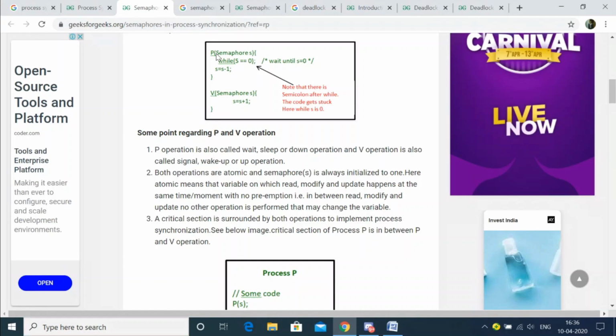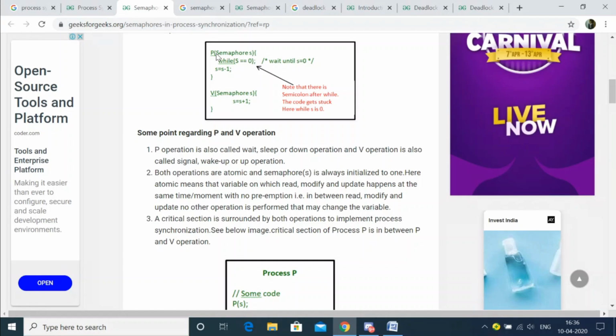Then these two operations, P operation and V operation, come into play. P operation will take place once, before the process is just about to enter. So this operation will basically make other processes aware that you have to wait, or you have to sleep.